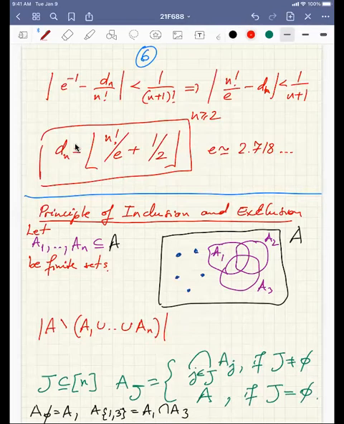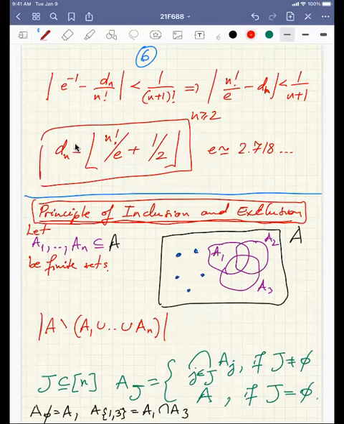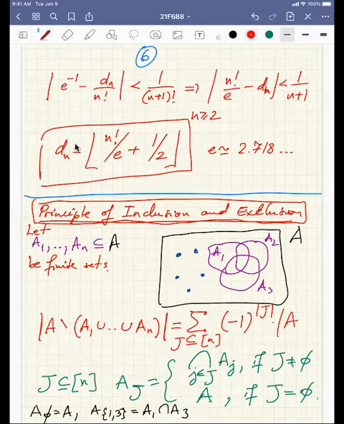And now the principle of inclusion-exclusion can be stated very concisely with this notation. It says that the cardinality of this set is going to be a sum over all J in the set of indices of minus 1 to the power of the cardinality of J times the cardinality of A index J. Now, I said it can be stated concisely.